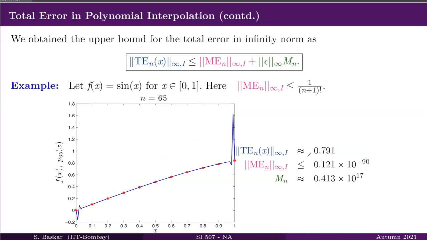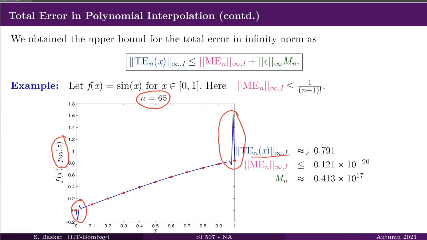Let us go ahead and take n is equal to 65. It means I'm trying to approximate the sine function by the polynomial P65. That is what is here, and it is represented as usual by the blue line. You can see that the error is quite visible now at the end points, right?